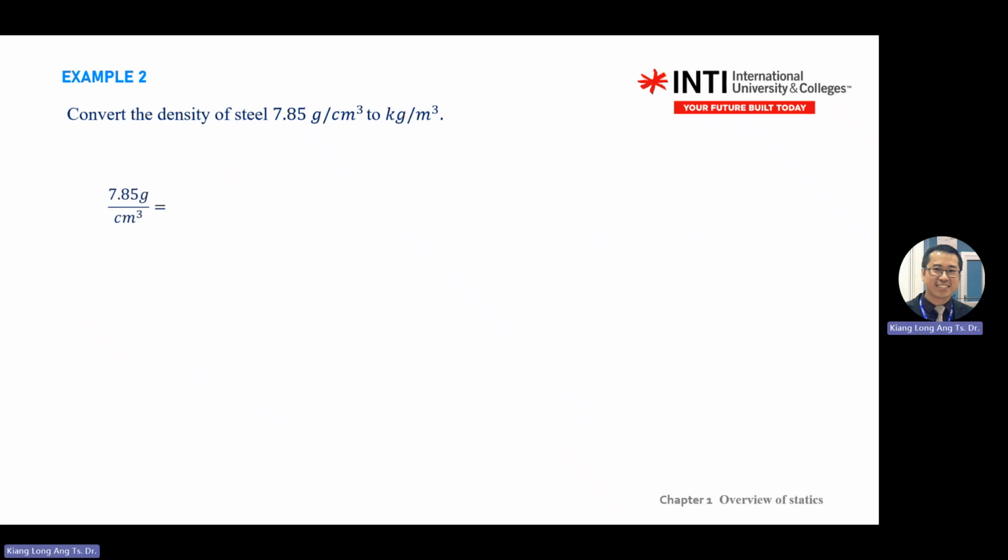Gram into kilogram, how do you write? 10 power -3 kilogram. cm cube, you bracket this one. So this cm is 10 power how many? 10 power -2, power 3, so it's -6.